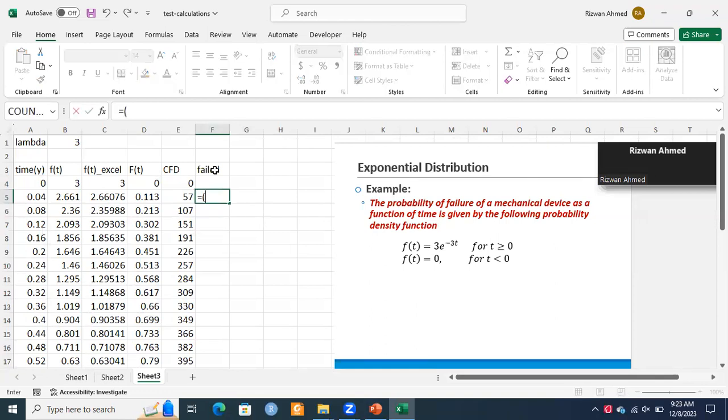So this is the number, 57 minus 0, right? This is fine. These are the components that have failed within this interval. For the next, how many components have failed?